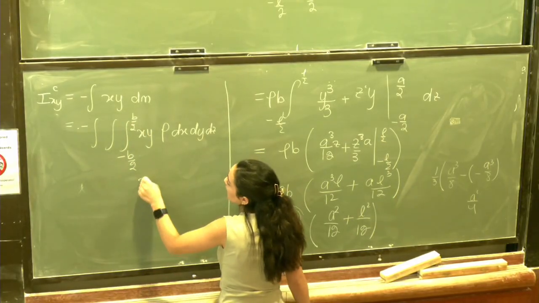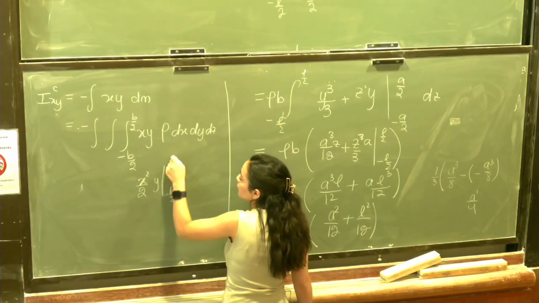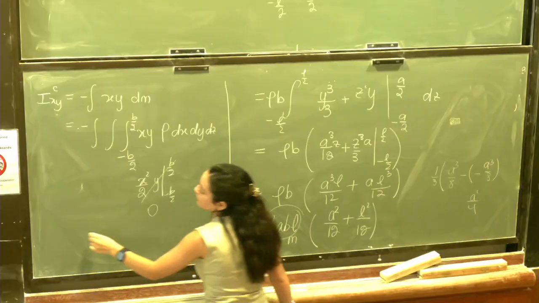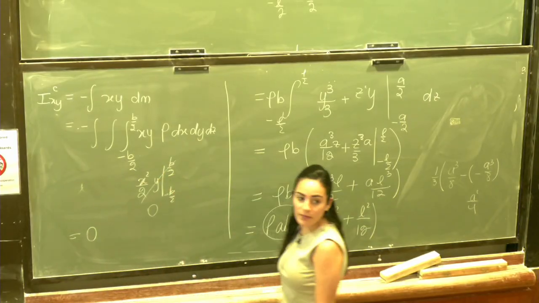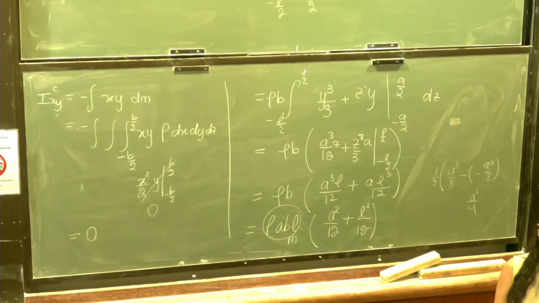So that's going to be x squared over 2 times y, evaluated from minus b over 2 to b over 2. This would evaluate to 0. So the product of inertia is going to be 0. Good review of calculus? Yeah? Okay.